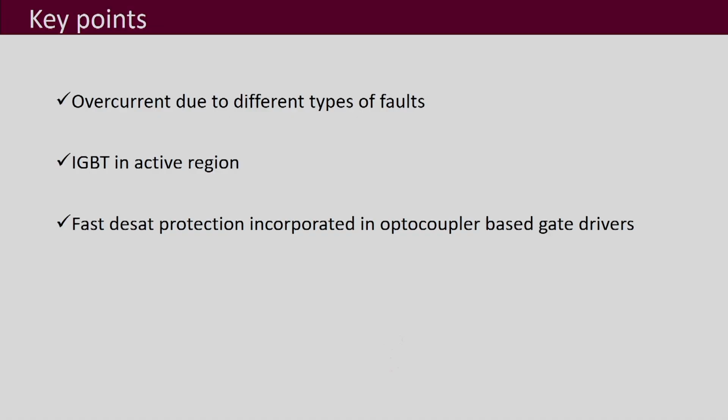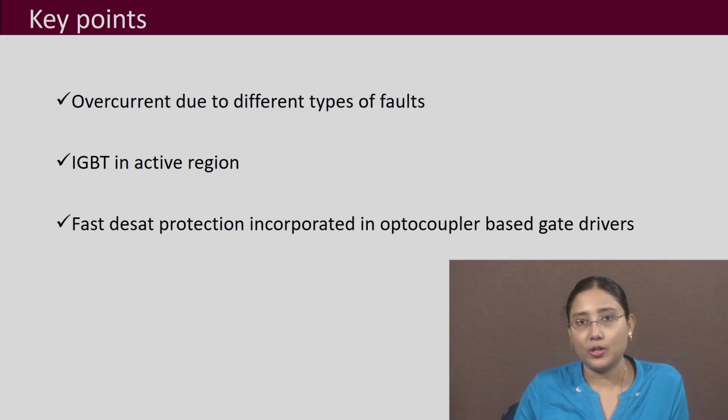So, the key points of this lecture are that there may be overcurrent due to different types of faults in a power electronic circuit, and that means your MOSFET or the IGBT has gone into the active region when you have the overcurrent, and they can withstand these overcurrents for very short time periods before they get damaged. So, a protection system has to be there as fast as possible.